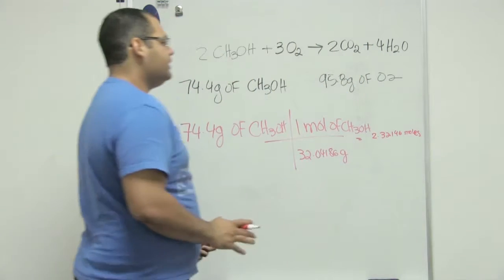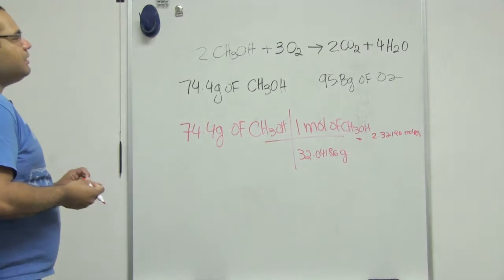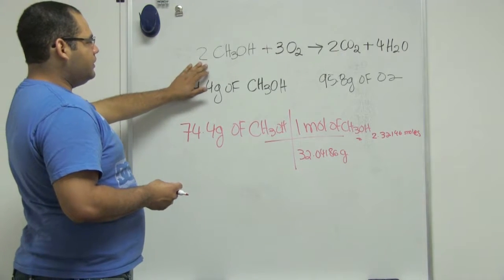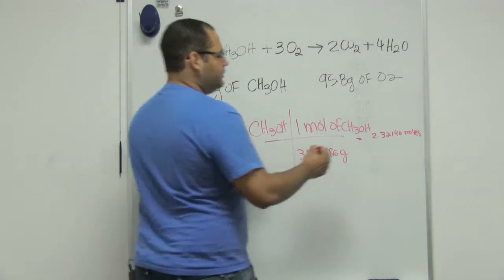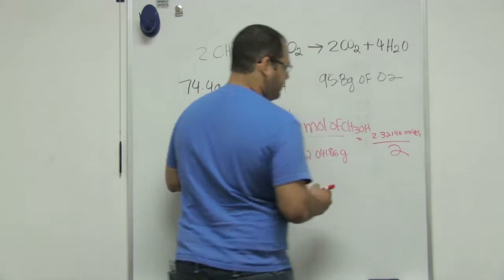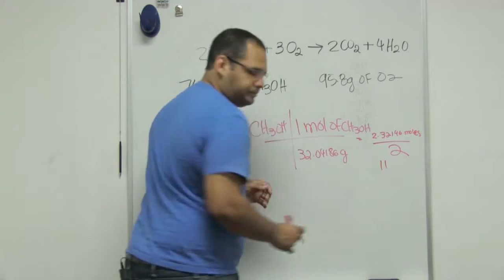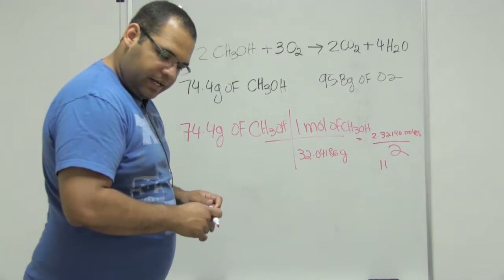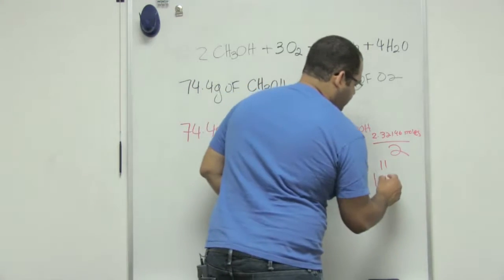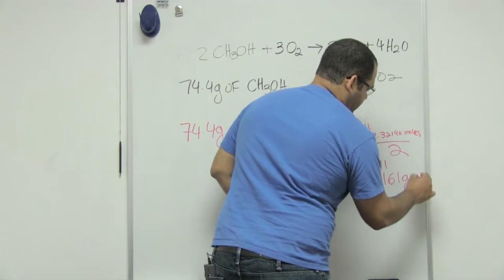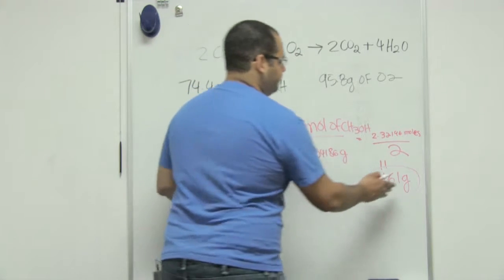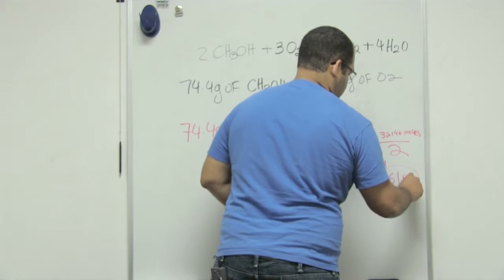But my calculation is not done yet. I need to divide it by 2, the coefficient that I have here. If I do that, I end up with 1.161 moles of methanol.